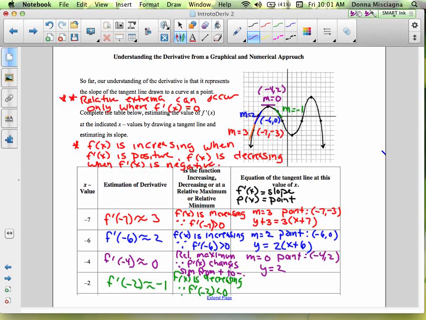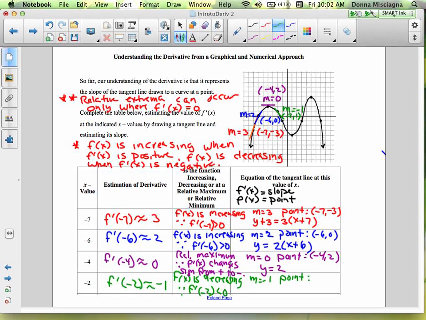And then the last one on this page. All right, so we need the slope. Actually, let me abbreviate that, which is negative 1. And then the point is negative 2, 1.